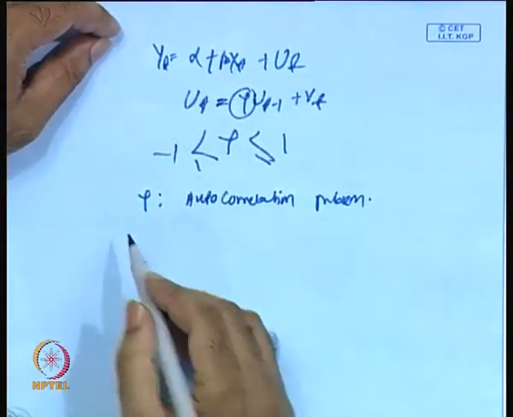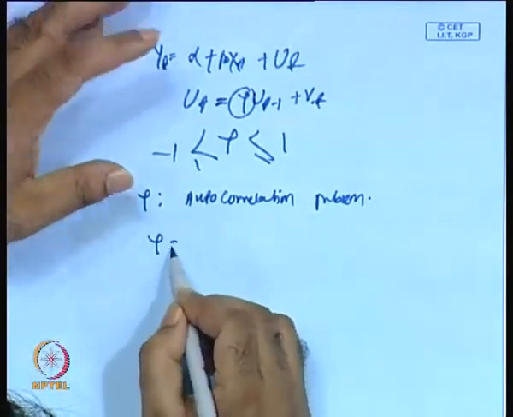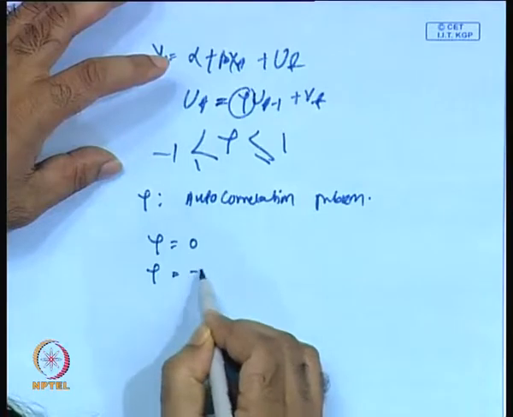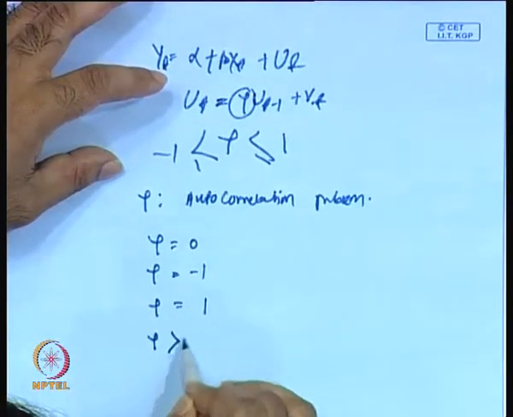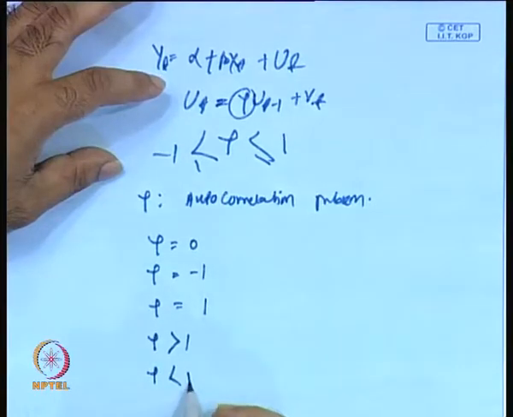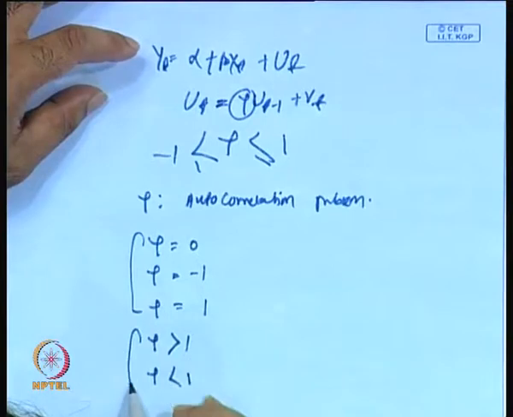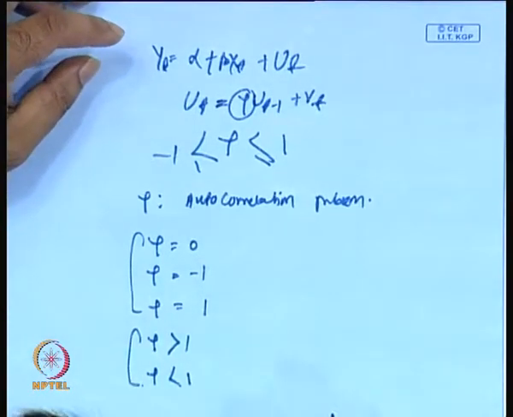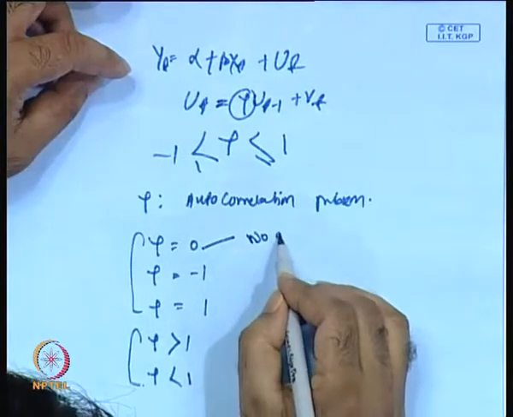Then there are three extremes: rho equal to 0, rho equal to minus 1, rho equal to 1, and besides there are two other cases, rho greater than 1 and rho less than 1. If rho equal to 0, then it is an indication of no autocorrelation.